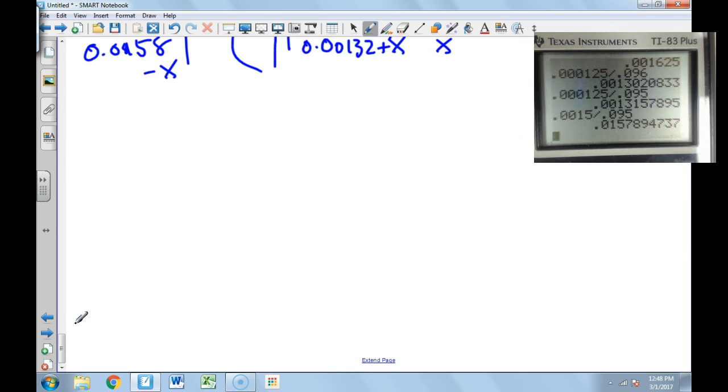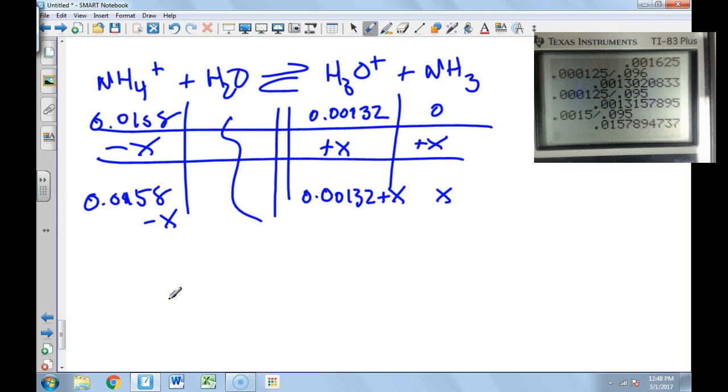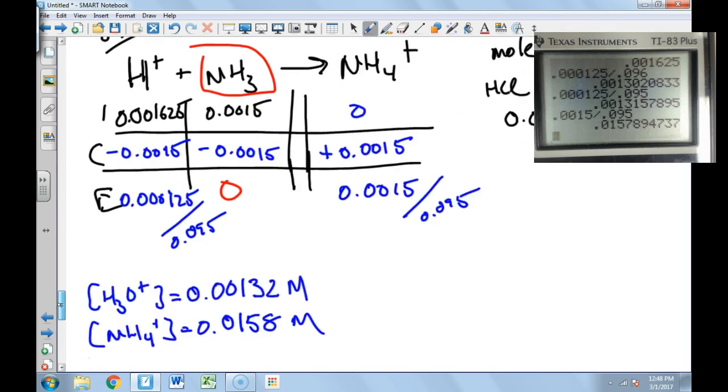Okay. We're in the final one. So we know that Ka equals 5.56 times 10 to the minus 10 from part D, right?